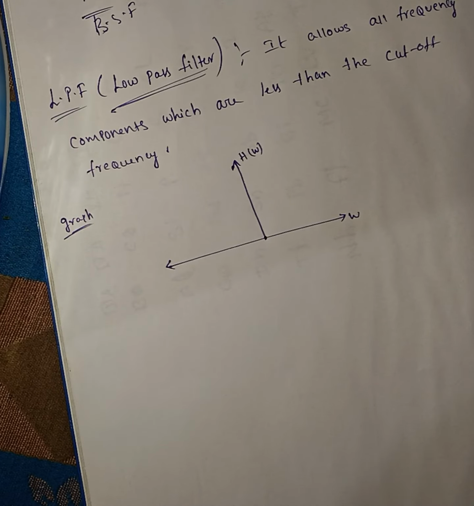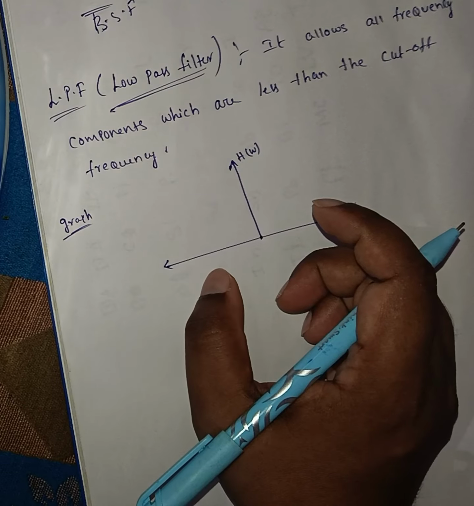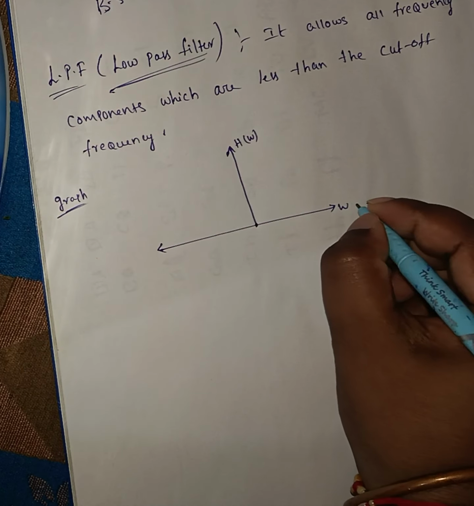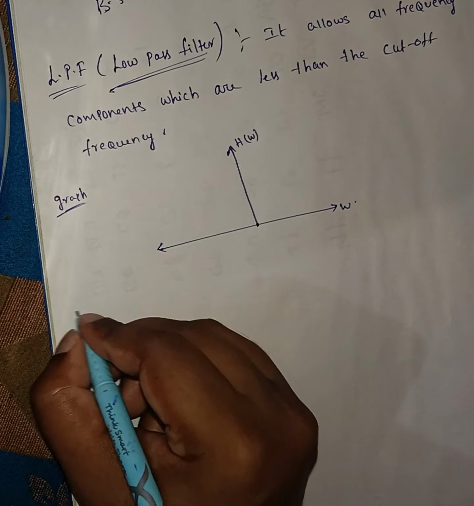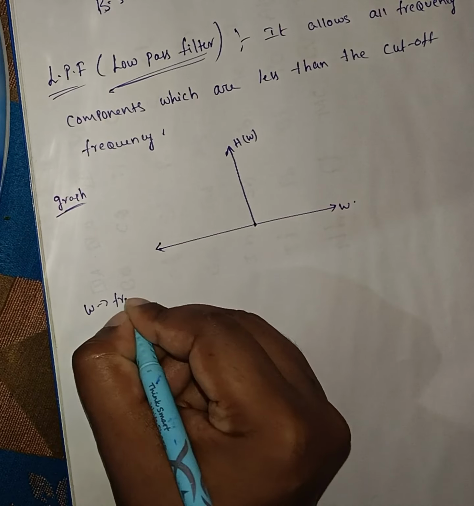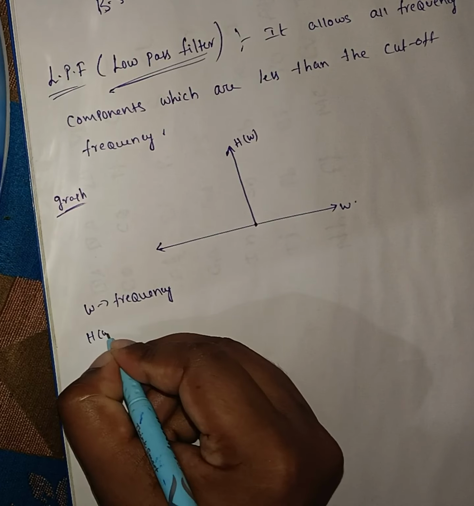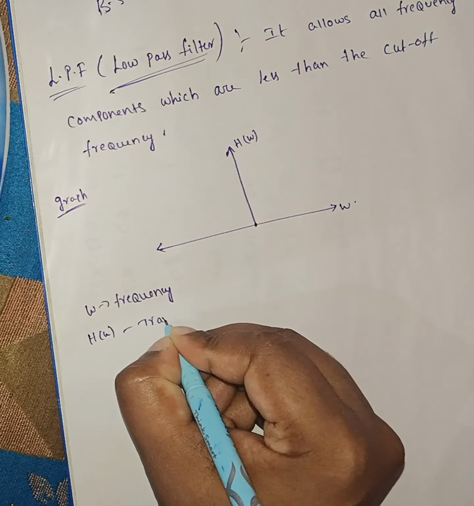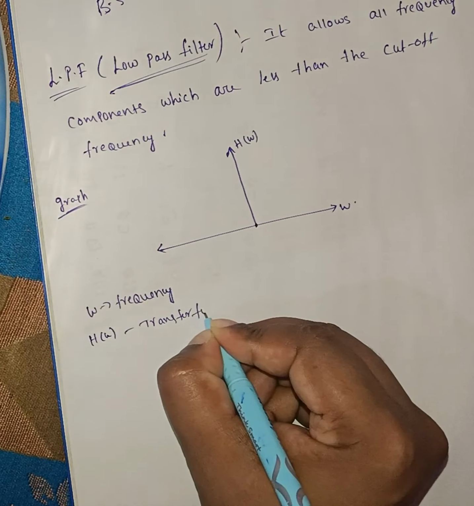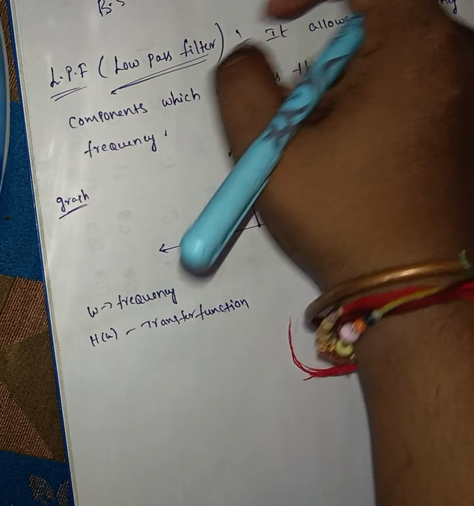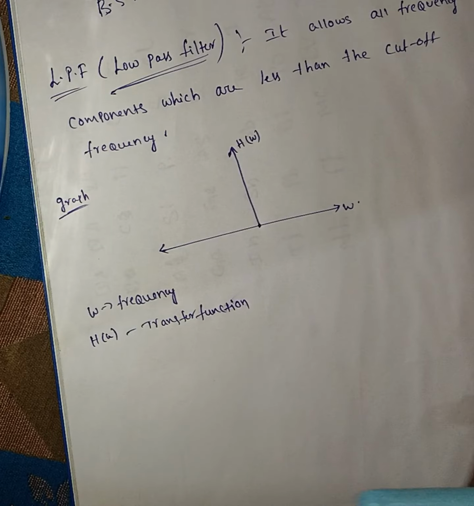Here omega is called the frequency component, and H of omega is called the transfer function. Once you write this, it's enough; for HPF, BPF, BRF there is no need to write it again.